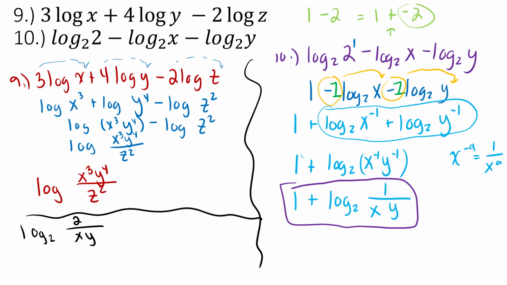Okay, so that would be if you did not do log base 2 of 2. And if you had any number there other than a 2, you would have to do that. So if it had been log base 2 of 3 or something, you would have to do it this way. You wouldn't have the option of changing it to the 1, to have the 1 out front. So I think that would also be an okay answer. I would not mark it wrong.